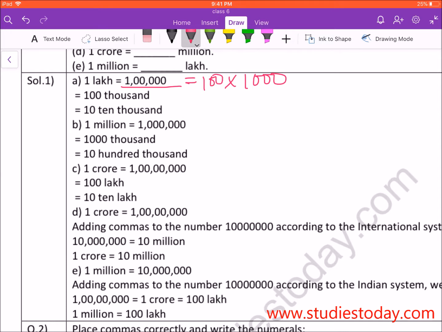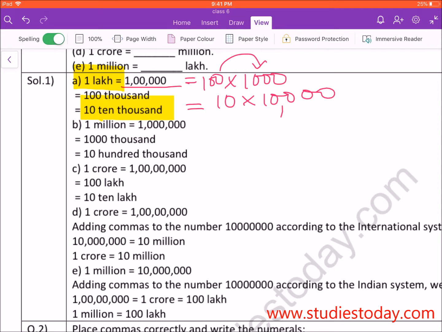If I make a packet of 1000 rupees, there will be 100 packets to make the same. But as I need 10,000, I need to borrow this 0 here, which becomes 10 into 10,000. So I reach the conclusion that 1 lakh is equal to 10 ten-thousands. Clear children? Fine.